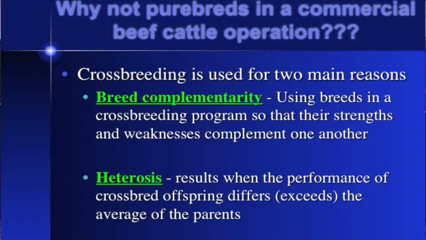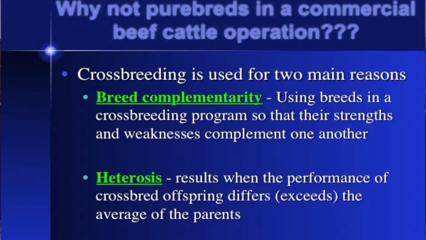So why not purebreds in a commercial beef cattle operation? Well, we crossbreed for two main reasons. One, breed complementarity. So why did we cross the Red Angus with the Brahman? Well, to get the maternal aspect, marbling, and easy fleshing of the Red Angus with the heat tolerance, adaptability, and longevity characteristics of the Brahman.